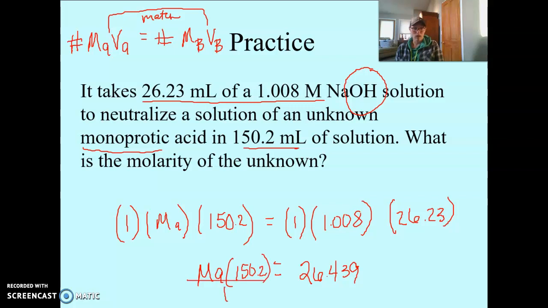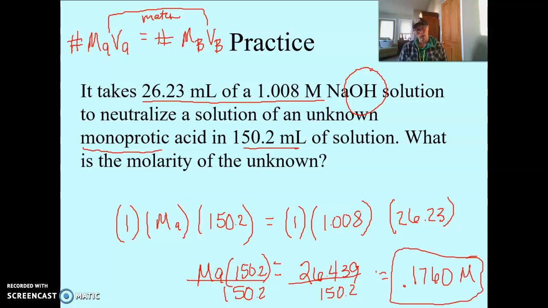We need to get rid of that 150.2, get it to the other side. And we end up with the molarity of the acid equals, looks like we need to have 4 significant figures, 0.1760 molar. So it's quite dilute. That means there's been a lot of water put with it. So there's not a whole lot of actual acid per volume that we have.